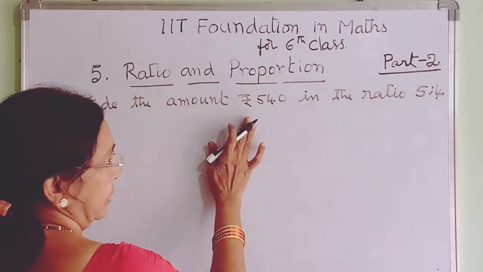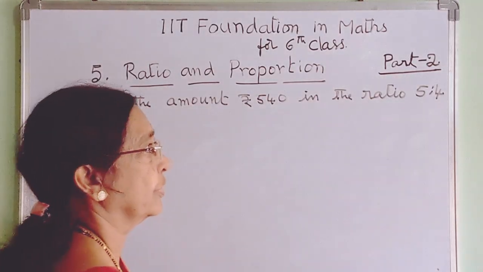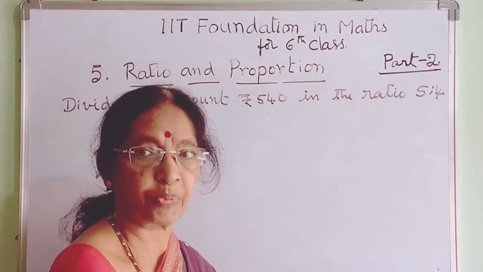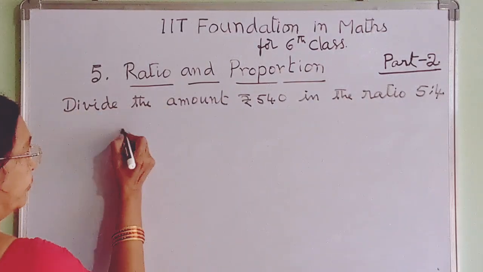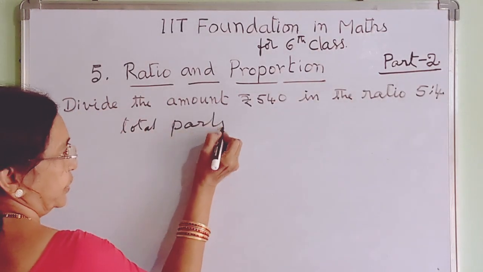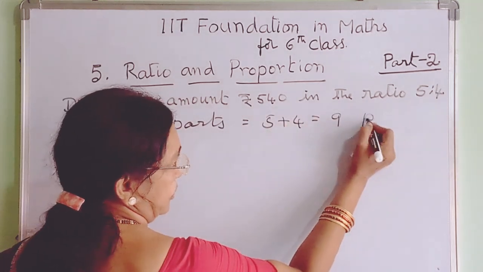Divide the amount rupees 540 in the ratio 5:4. In this ratio, the first part is 5 parts, and the second is 4 parts. Therefore, total parts in the ratio is equal to 5 plus 4 is equal to 9 parts total.